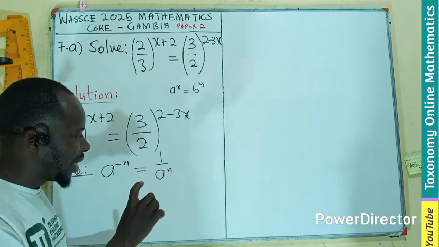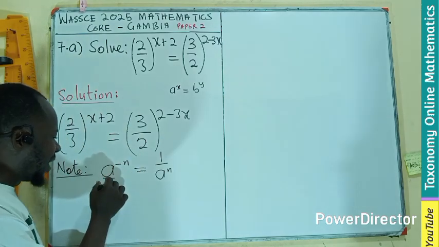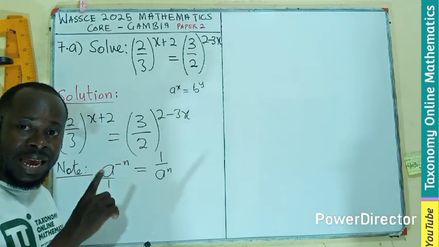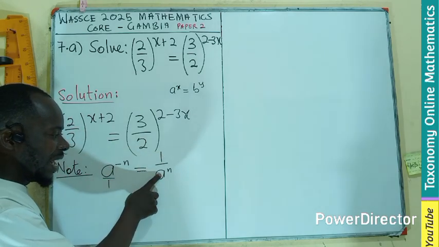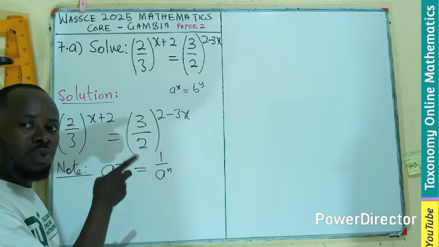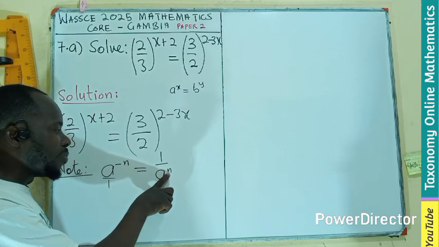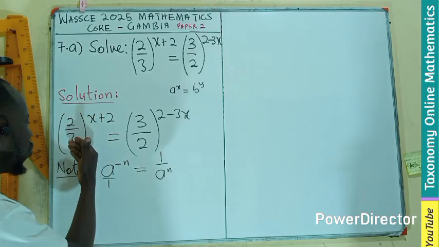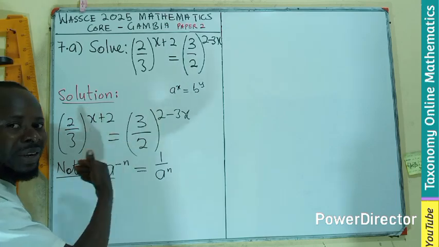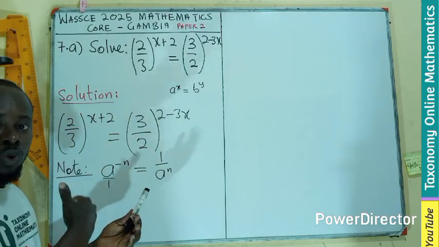What actually happened here is that there is a 1 dividing the a. Now this 1 comes down, then the a goes up. They switch positions, then the positive power becomes negative. So we can apply this on the left or on the right in order to make the bases look alike.